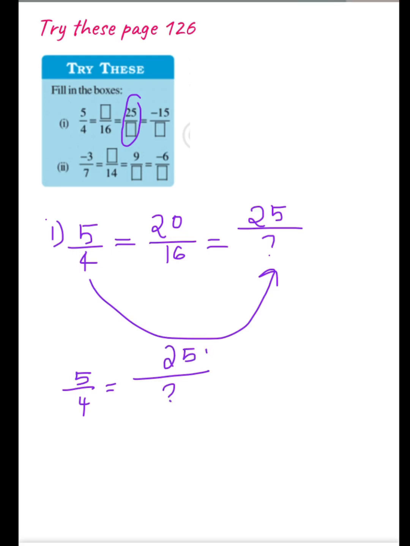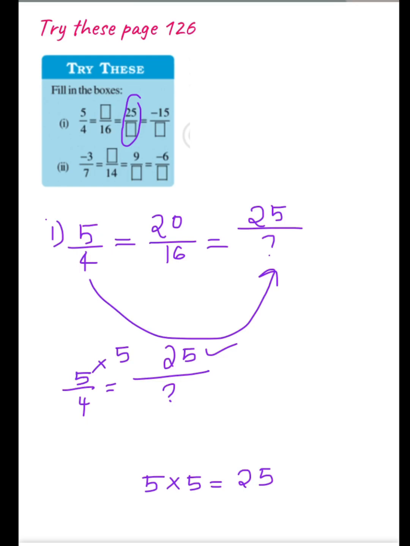Now in order to get 25 here, you know that you need to multiply this numerator 5 with something. With something means what? You know that 5 into 5 is 25. That means you are multiplying this 5 with 5.